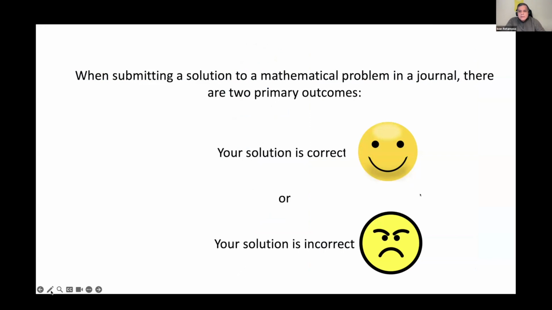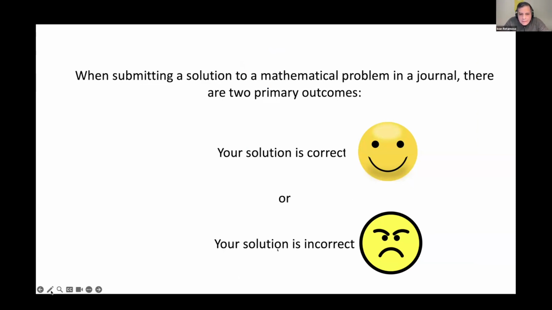Because if your solution is correct, there's a high chance that it will end up being published there in the journal. However, if your solution is incorrect, this scenario is not bad really, because in any case, I will explain, you have a lot to gain and basically nothing to lose.